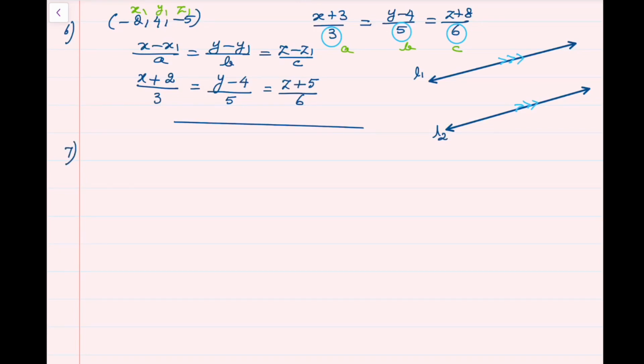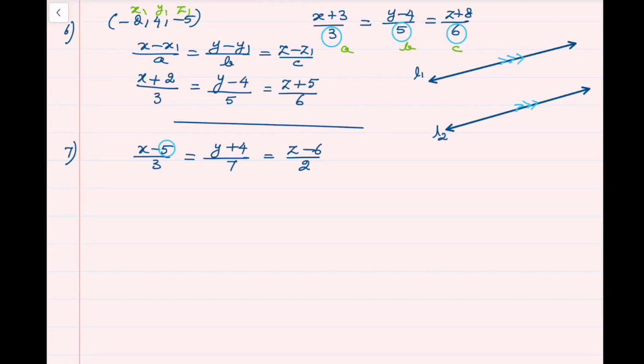Question number 7. The Cartesian equation of a line is (x minus 5) divided by 3 equal to (y plus 4) divided by 7 equal to (z minus 6) divided by 2. Write its vector form.